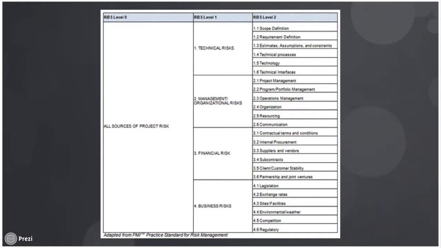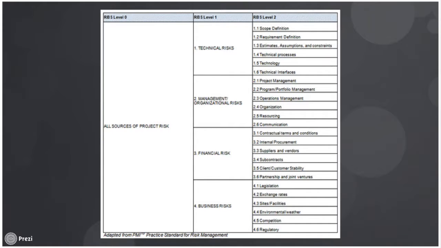This is an example similar to the example that's given in the practice standard for risk management. As you can see, all sources of project risk would be the first level, and then the next level, the next column, would be four subcategories, which is technical risk, management risk, organizational risk, financial risk, and business risk.